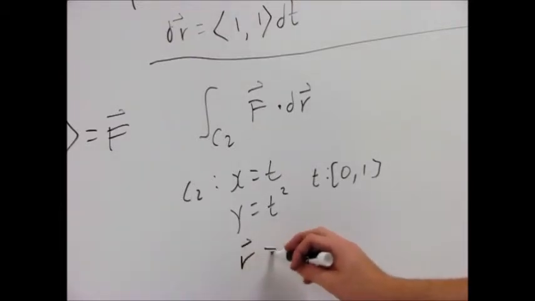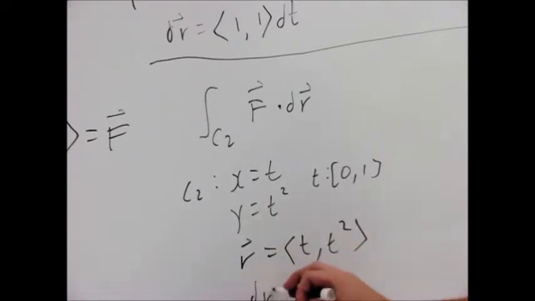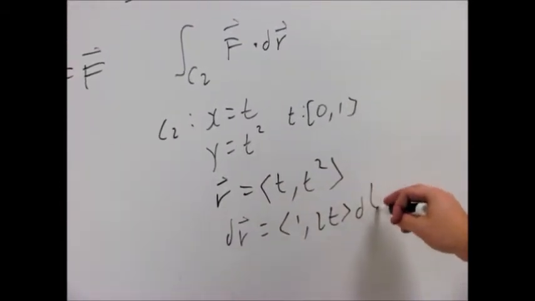Our r is t comma t squared. So dr is just 1, 2t dt.